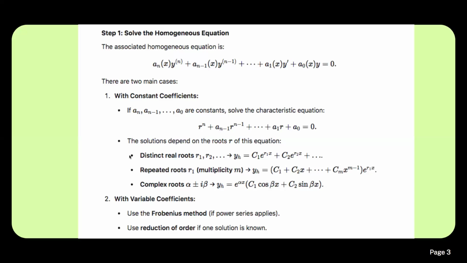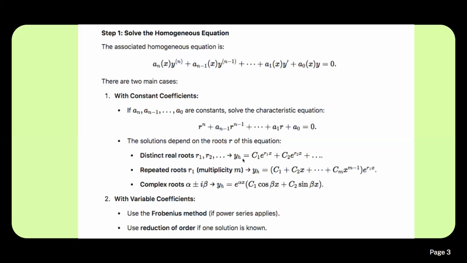For the solutions, they depend on the type of the roots r. First, if all the roots are distinct real roots, r1, r2, and so on, they are independent, not equal, okay?